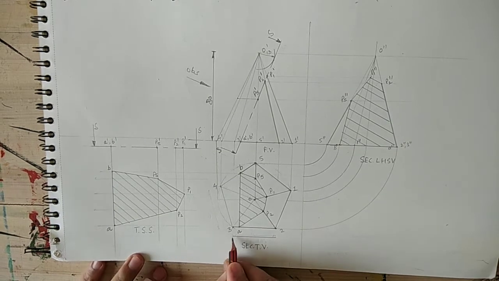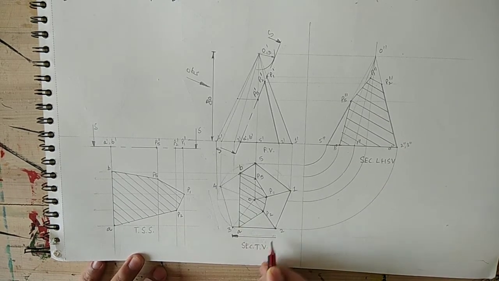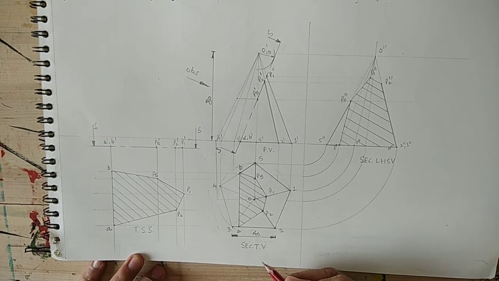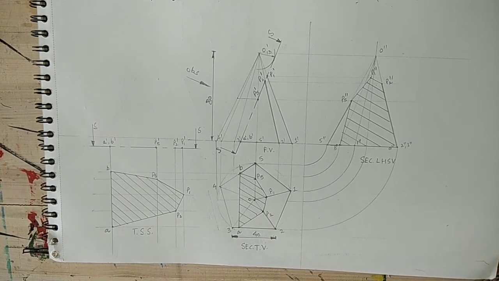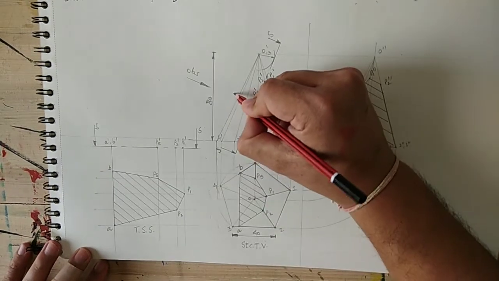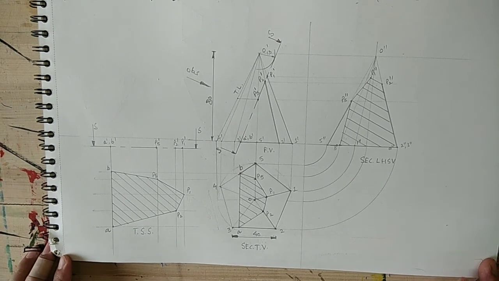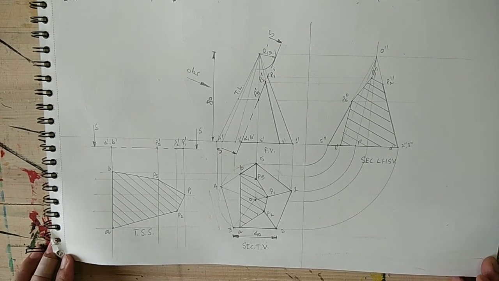Total base edge, 40. So class, this is your true length. So class, this is your required solution of question number 1.